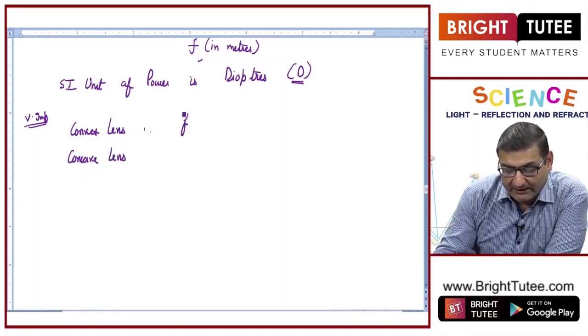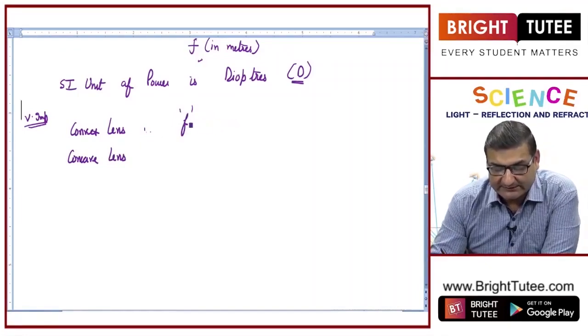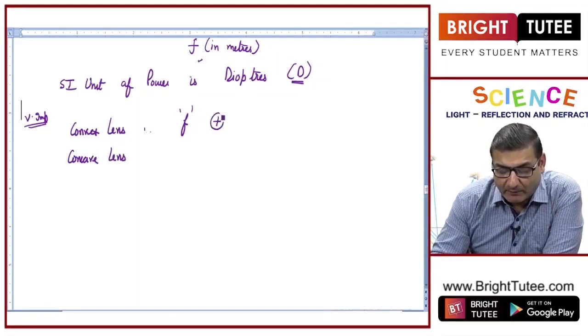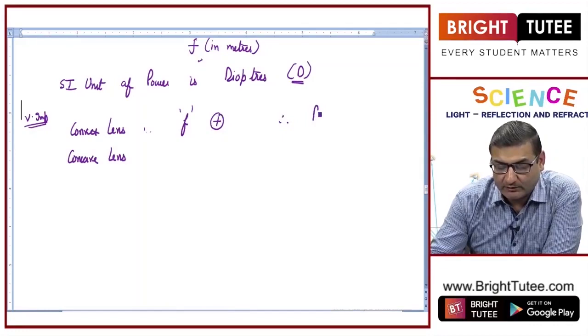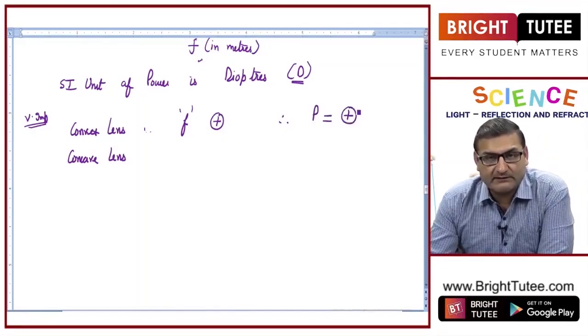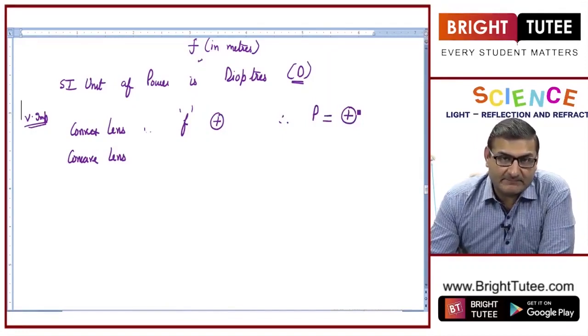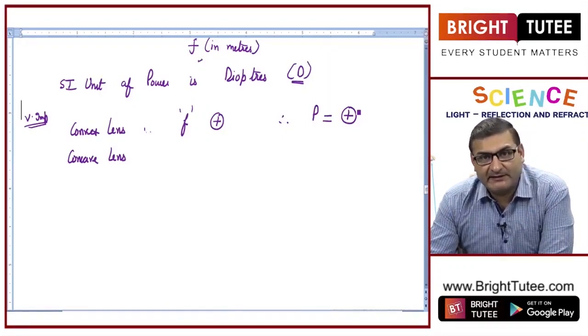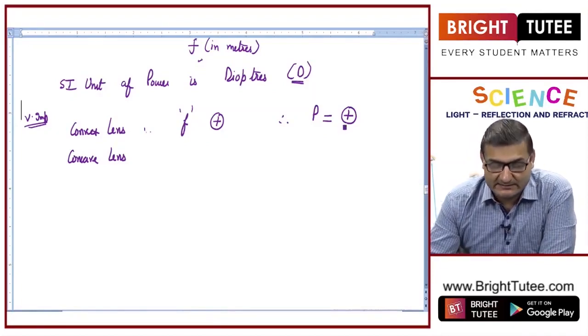The focal length of a convex lens was always positive. Therefore, the power will also be positive for a convex lens, or vice versa. Means if the power of a lens is positive, we will interpret that it is a convex lens.